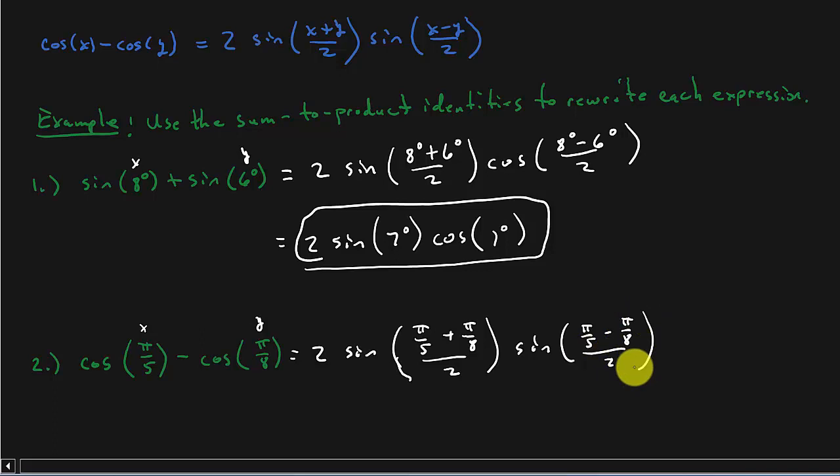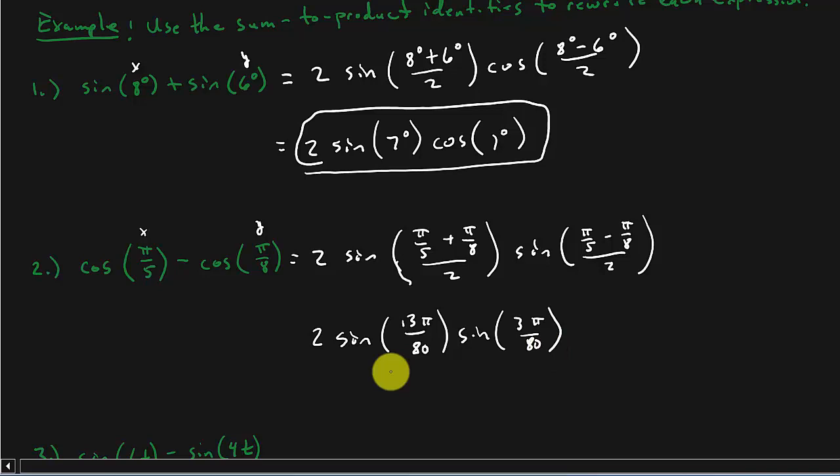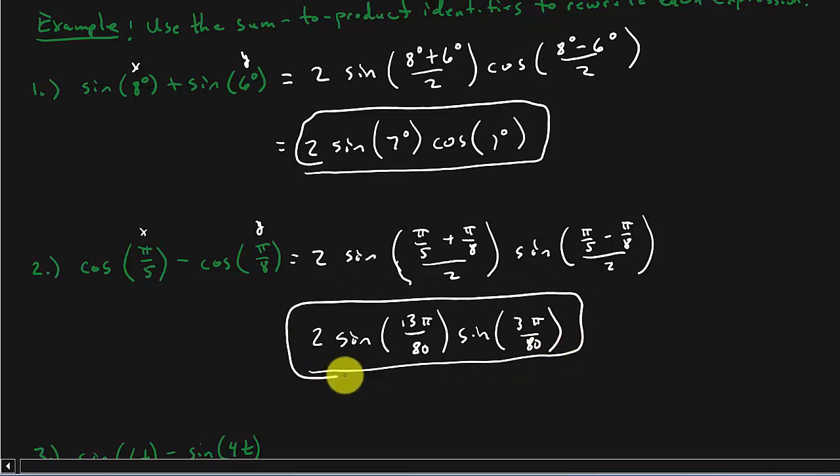All right. So this is going to be 2 times the sine of 13 pi over 80 times sine of 3 pi over 80. And this is your answer. And don't worry, I'm going to show you how we got that. Okay?